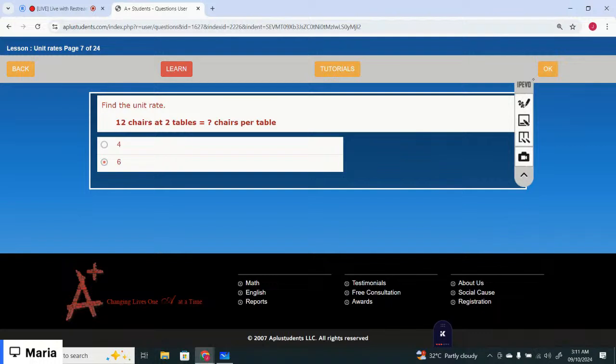Option number 2 is the correct option, right? So when you need to find the value of one item, you need to divide the value you are given. Like 12 chairs at two tables, so you need to divide 12 by 2. That means one table has 6 chairs, right? Okay, you can complete the lesson by yourself later today. Let me just move on to the next lesson.